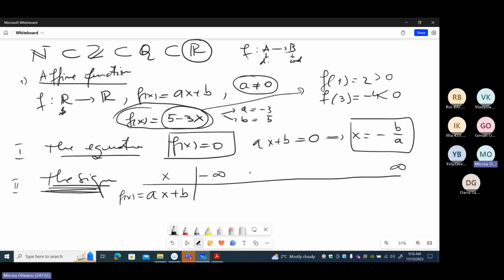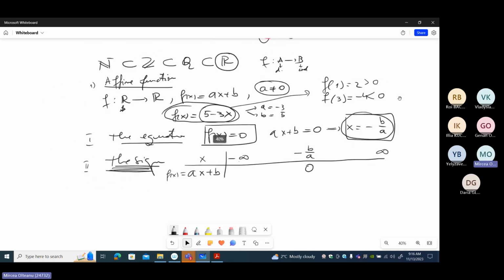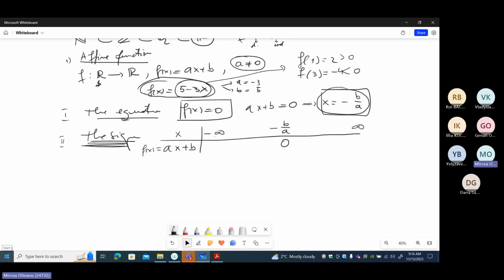Well, the table of signs says this: when x equals minus b over a, so this value, then f of x will be 0, because minus b over a was found by putting the condition f of x equals 0. And now the rule of sign is the following.